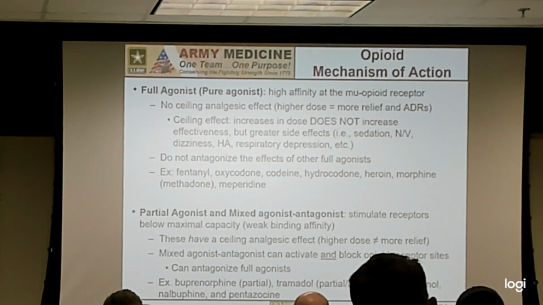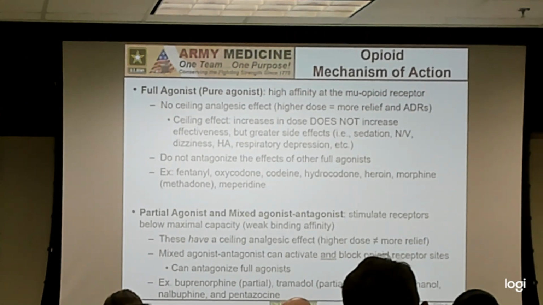All right, so your full agonists, they have high affinity for your mu receptors, okay? So this is like a tight bond that they have formed, high affinity, and there's no ceiling effect when it comes to your full agonist. So what that means is that the higher the dose, the more relief that you're going to have, which also probably means the more side effects that you're going to get.